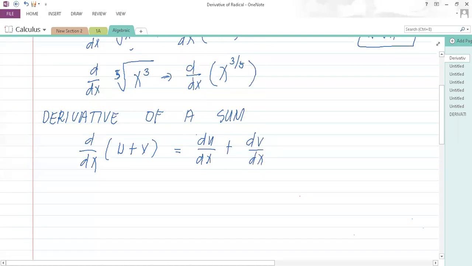This is now the general equation for the derivative of a sum.